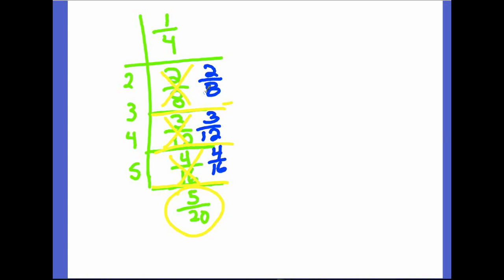If we start with the biggest number, 5 and 20, what goes into both those? 5 goes into both. 5 goes into 5. 5 goes into 20. Is 5/20 the same as 1/4?